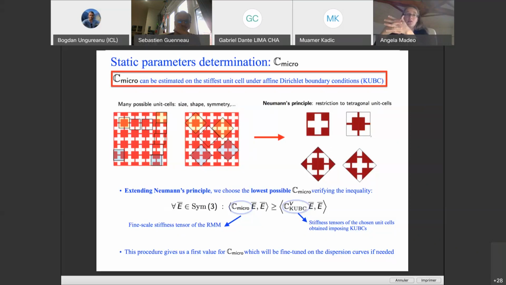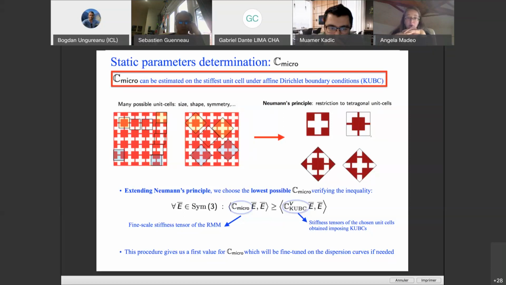So we cannot make a procedure on an infinite number of cells. We restricted only to those cells which kept the same symmetry of the metamaterial. This material has tetragonal symmetry. So we just restricted our attention to unit cells that stay tetragonal, which were only 4.